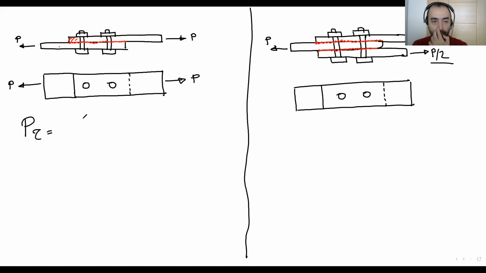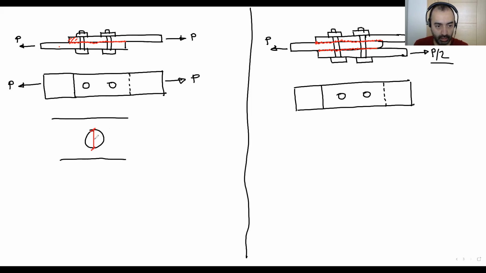By the way, let me draw a big sketch over here. Here we have a bolt. The bolt has a diameter, right?